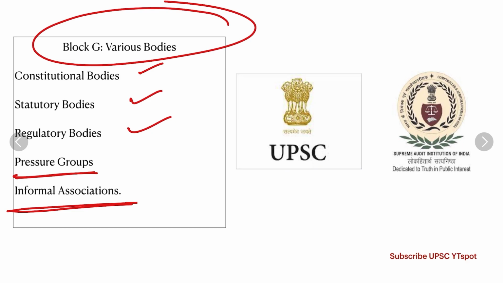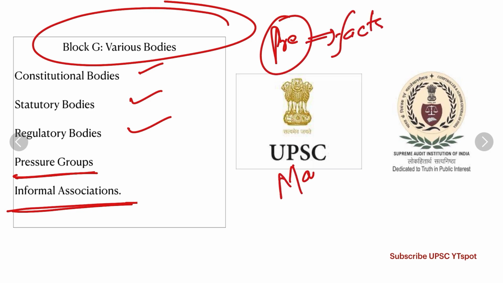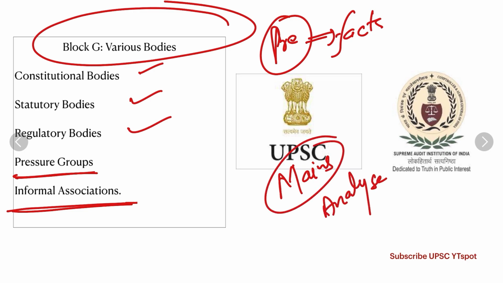So in these, for prelims, we study about facts, and for mains, we critically analyze the functioning of these particular bodies, and we study if there are any recommended measures to improve the functioning of these bodies.